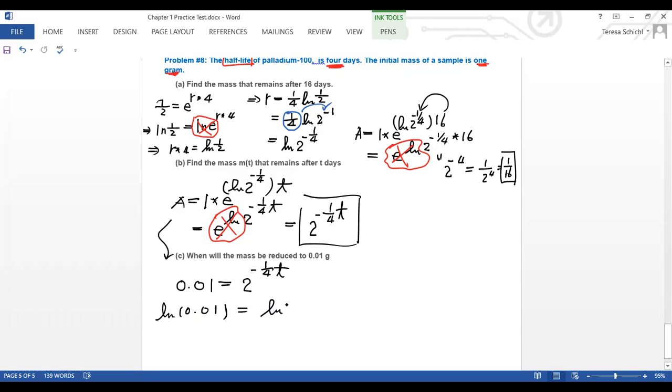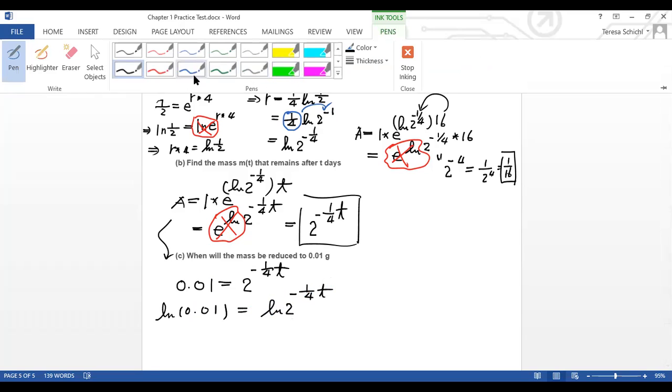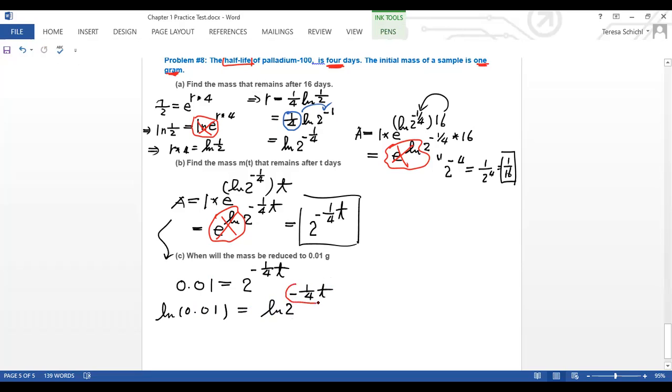Then this is the natural log of 2 to the negative 1/4 t. So now in order to solve this one, I can move this to the front. So here I will find this is negative 1/4 t, then the natural log of 2.